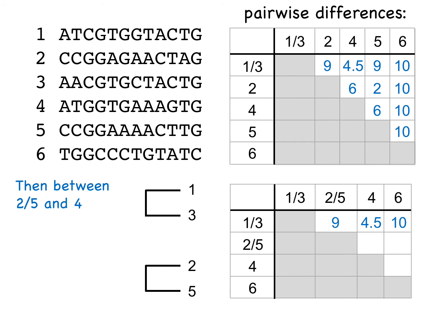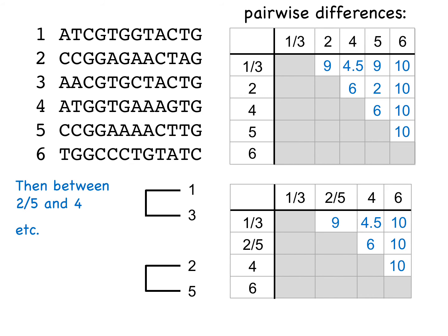So I'll highlight those values in the table above again. All I'm doing here is comparing sequence 2 with 4, and sequence 5 with 4. The average number of differences between those is 6 because it's 6 for each of them. I'm putting that value down here, and then I'm going to fill in the rest of the values in this table.